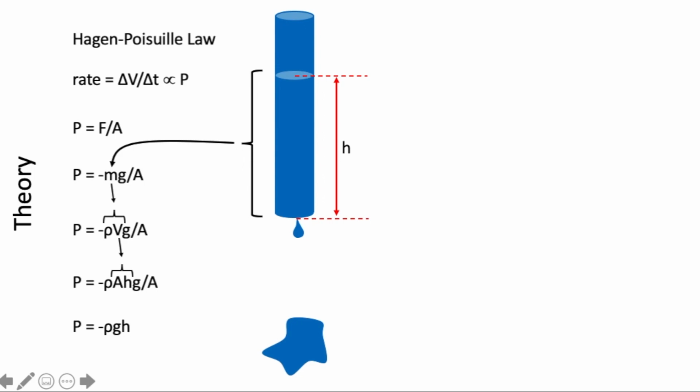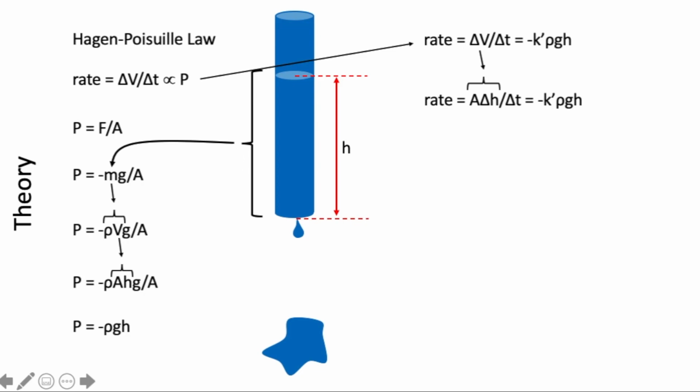If we let K prime be the constant of proportionality between rate and pressure, we can define the rate as K prime times ρ times g times h. Note that since the cross-sectional area of our cylinder is constant, the change in volume may be written as the area times the change in height.